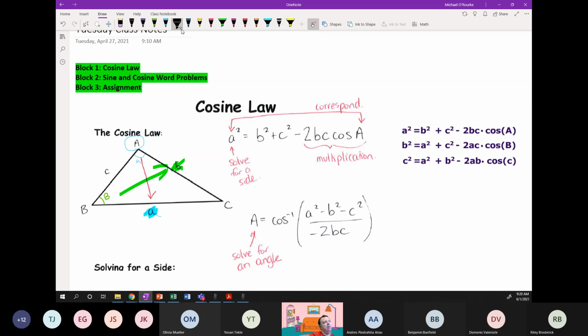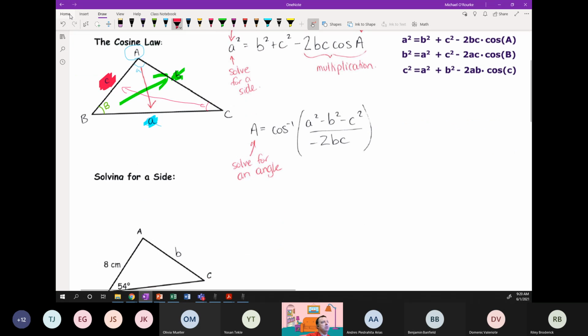What other color may I have here? Let's go pink. Then here, go pink, right? There's angle C, and across the way is side C. So as long as we can organize this, the equation is pretty easy. Okay?